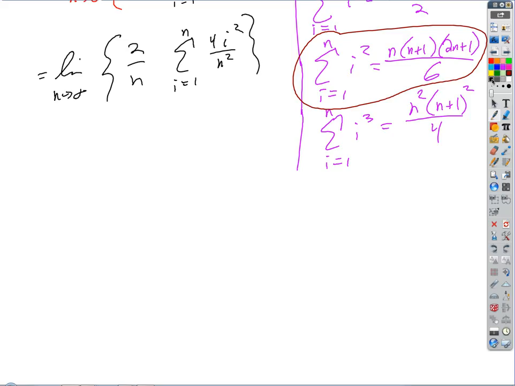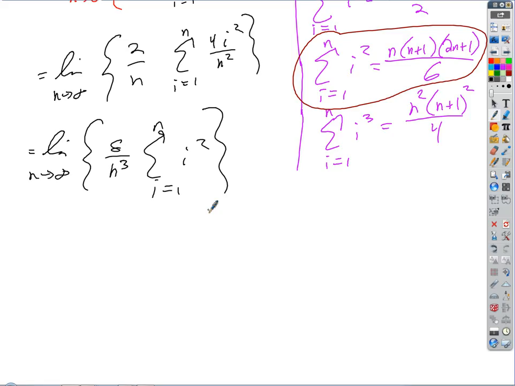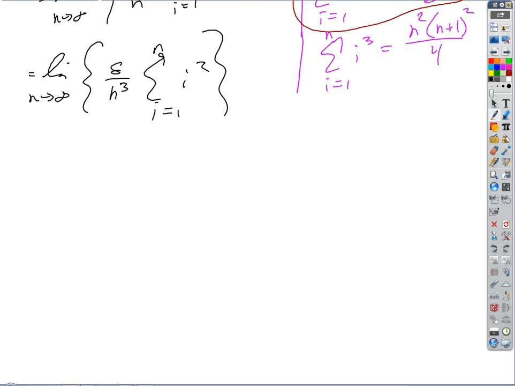So let's go back to our problem. I could take this 4 over n squared and take that out of the sigma. Everybody agree? So then I'd end up with 8 over n cubed times the sum of i squared from 1 to n. Now watch the magic. This is really cool.